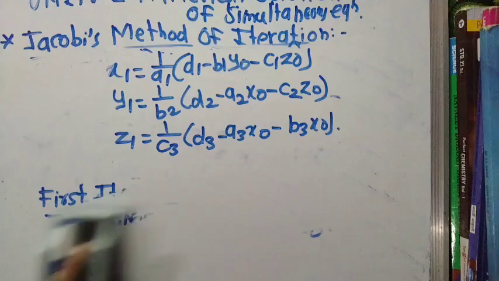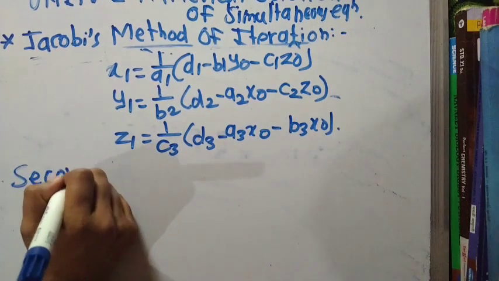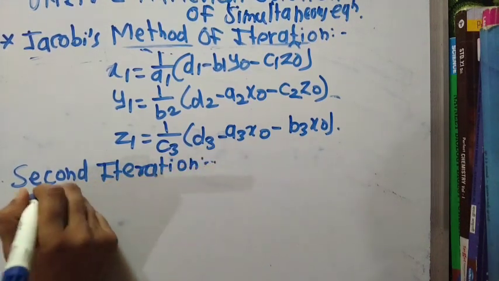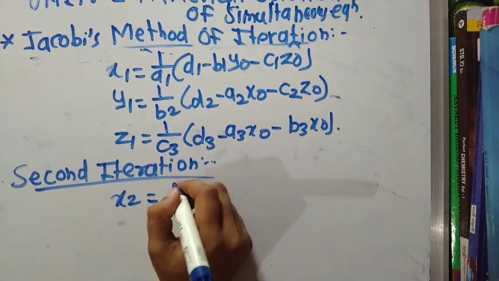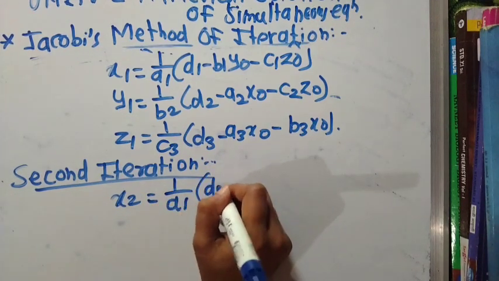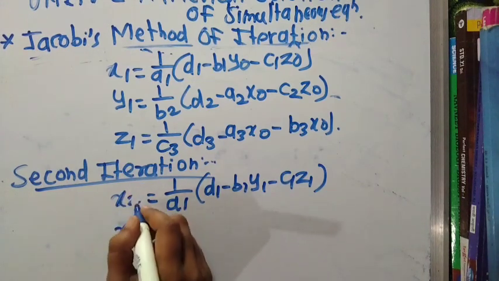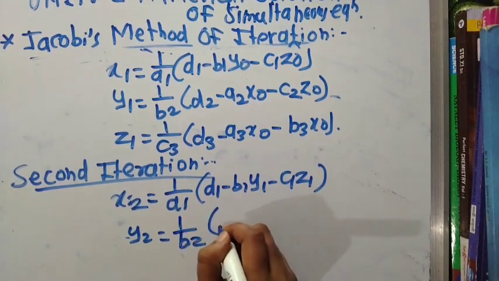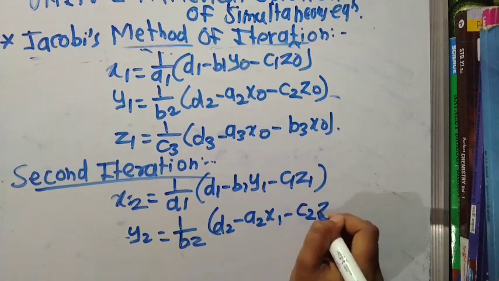Then find out the second iteration. x2 is equal to 1 divided by a1 (d1 minus b1y1 minus c1z1). y2 is equal to 1 divided by b2 (d2 minus a2x1 minus c2z1).